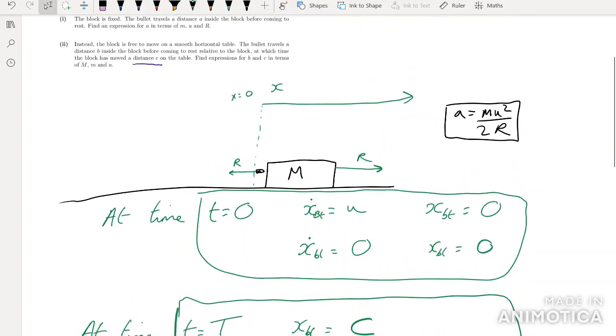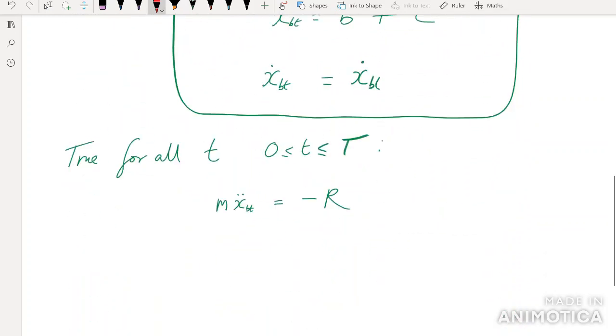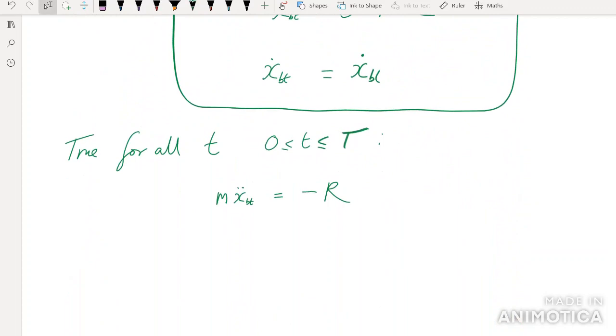Well, x is defined in this direction, and so the force on the bullet is backwards, and so it's just acting to accelerate it in the opposite direction. So we've got that, and we can rewrite that slightly nicer as x double dot bullet equals minus r over m. And this is true for all t.